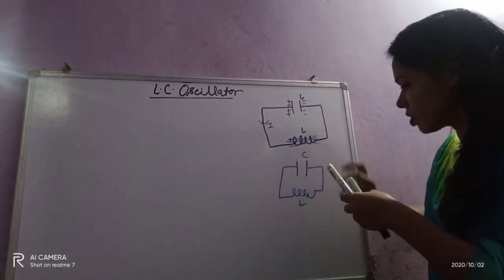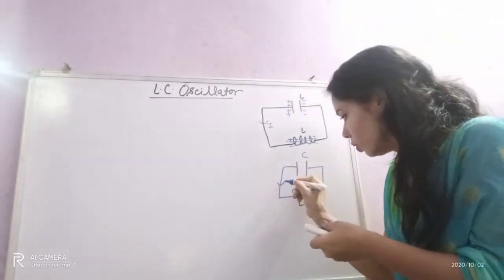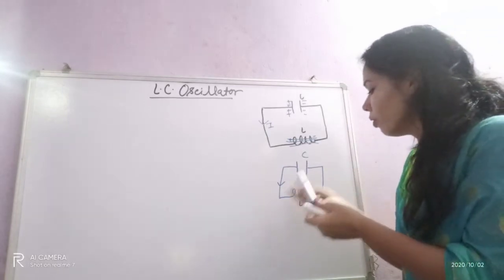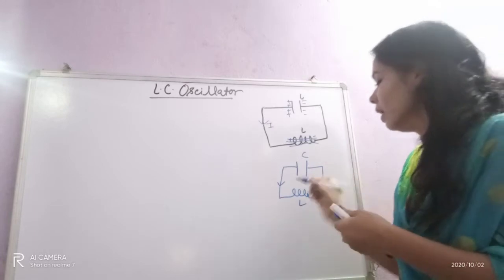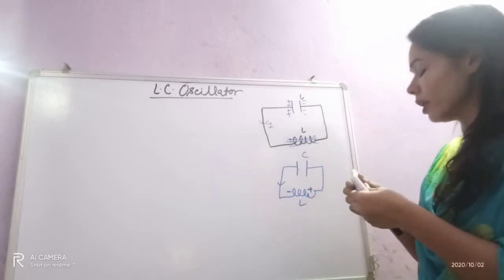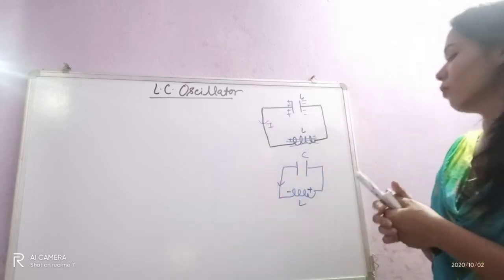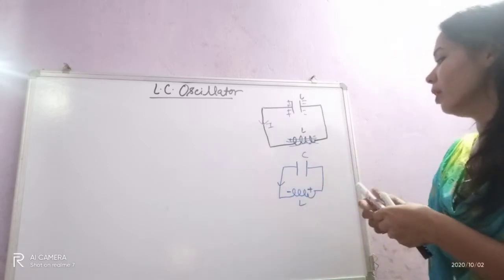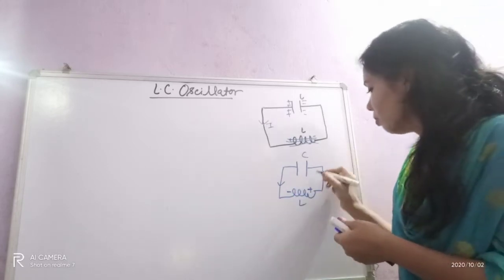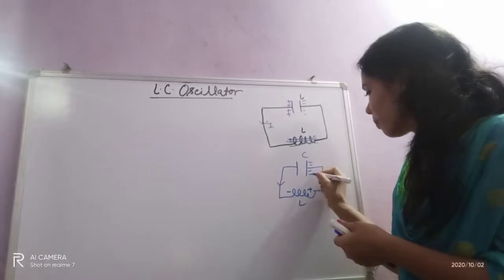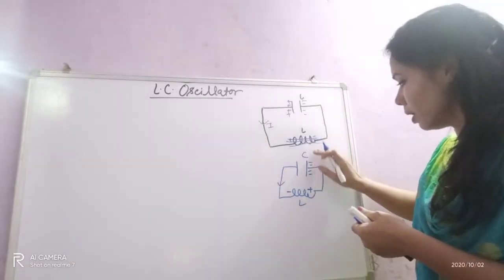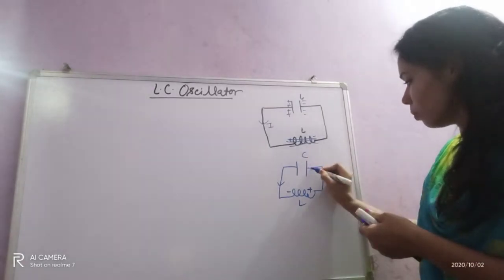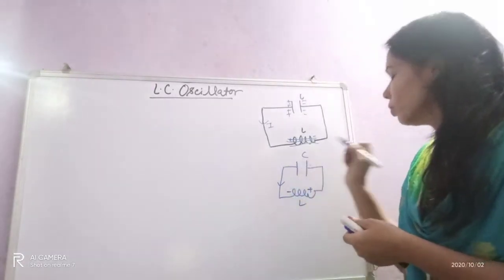When it is fully discharged, the current is going to die, meaning it is going to finish. So this inductor will induce a polarity such that it supports the flow of current. To support the flow of current, it will become negatively charged. It will try to bring electrons from this plate, and they will move to that plate.